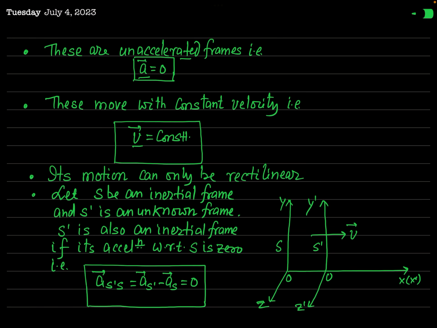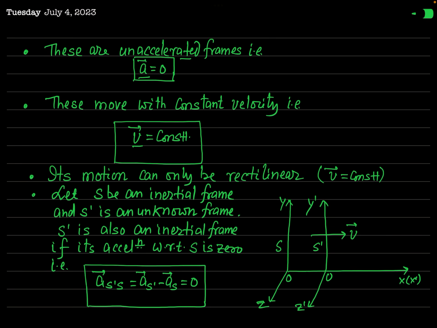Only those frames. Okay. So you can say that its motion can be only rectilinear, because v equal to constant is possible only on a rectilinear path. So definitely whenever you talk about an inertial frame and the frame is in motion, its motion will be rectilinear.